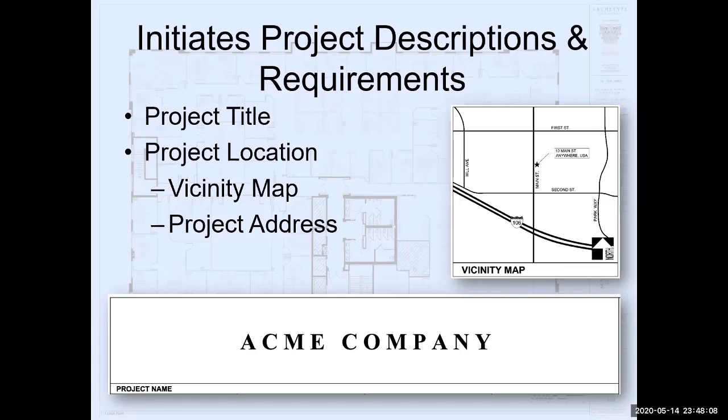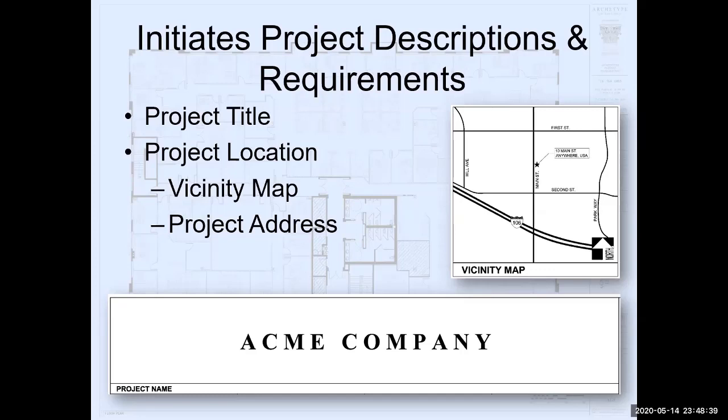Because when the client looks at their drawings, they see their shiny new building with their rendering and their name on it. It's a bit of an ego stroke for them. And if you're going to do something kind of monumental that way, that's where you would put it. And then it serves, believe it or not, to protect the cover sheet information from damage that might occur on the job site.